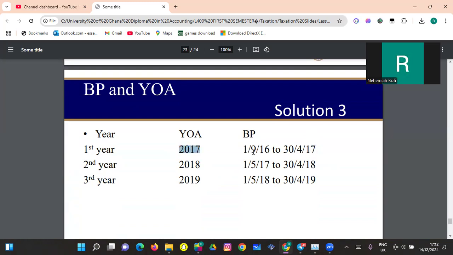So 1st September to 30th April is the first year. The next year will be 1st May to 30th April as usual. Then the next one will also be from 1st May to 30th April. So always keep an eye: 18, 18, 19, 19. This will make it easy for you.